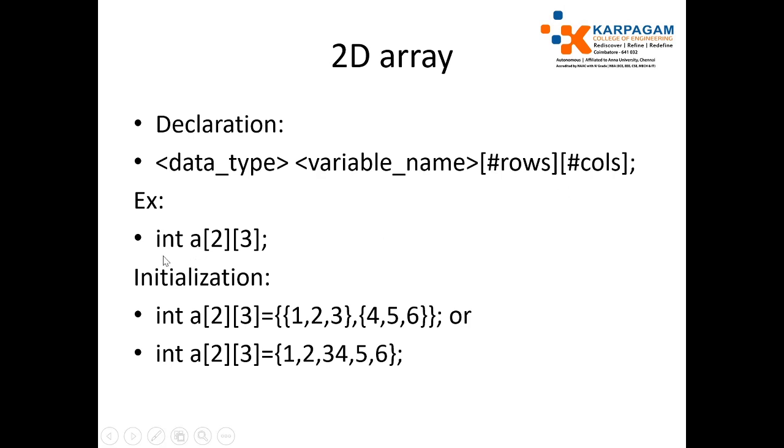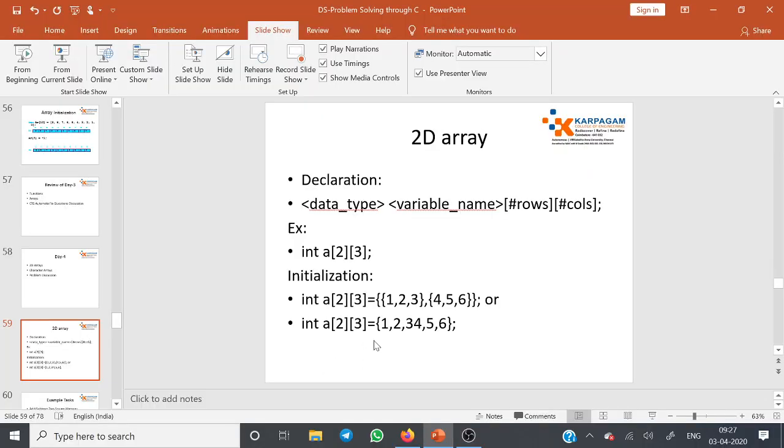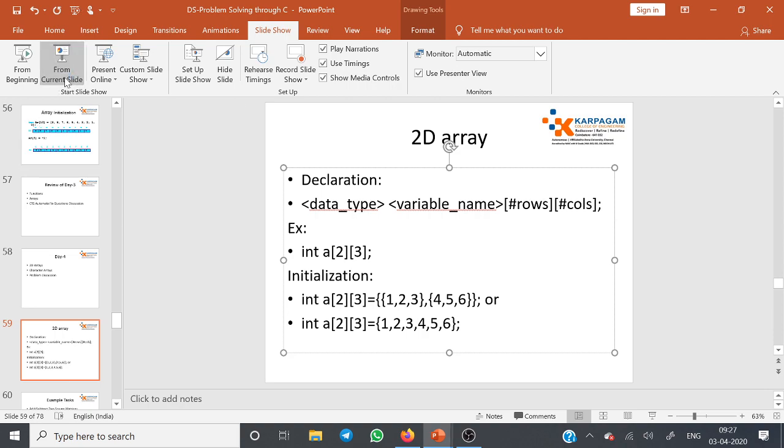The example declaration is int A of 2 by 3, where A is the variable name, followed by 2 as the number of rows, followed by the number of columns. The array can be initialized by using curly braces. We can specify each and every record separately by using curly braces. Otherwise, you can simply specify the elements that are to be stored in the two-dimensional array.